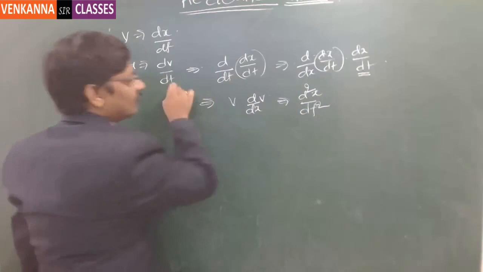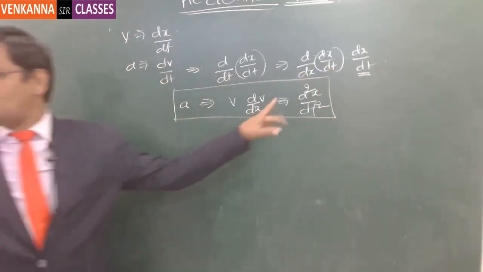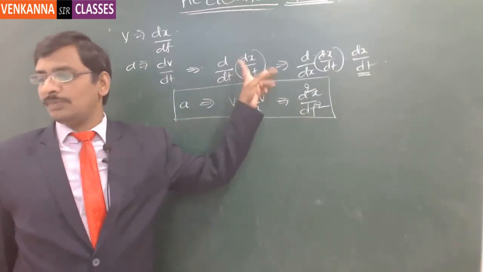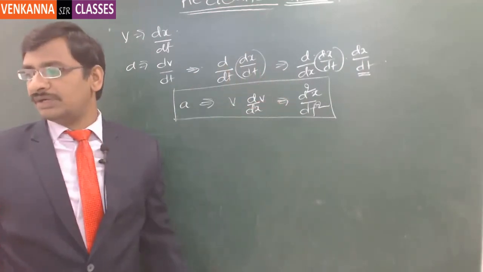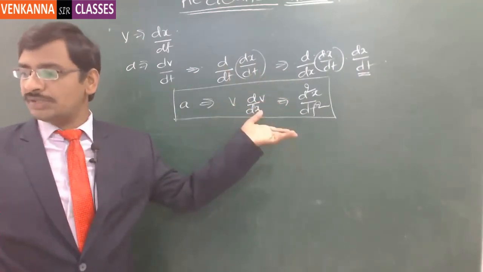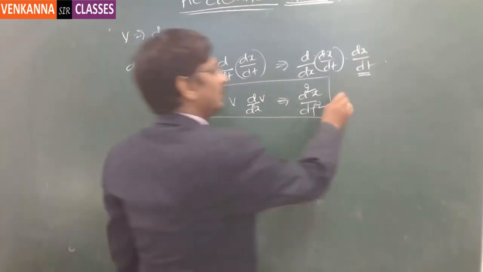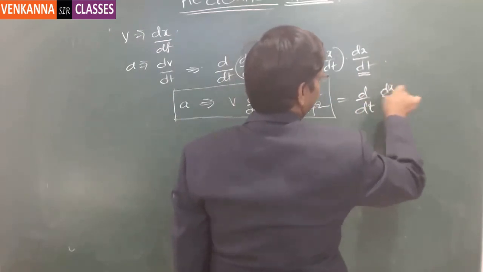As and when required, we will be using these relations. v dv by dx or d square x by dt square is nothing but the acceleration. From the differentiation chain rule, we brought this. That's it. Got it? v into dv by dx is also the acceleration. d square x by dt square is also the acceleration, or d by dt of dx by dt.